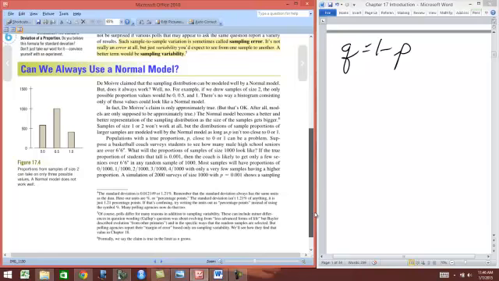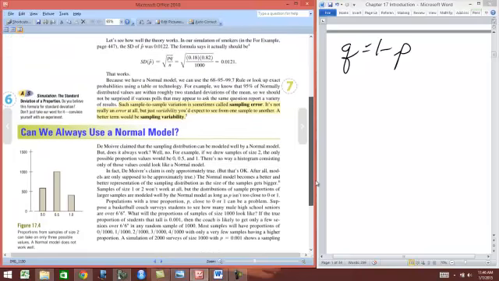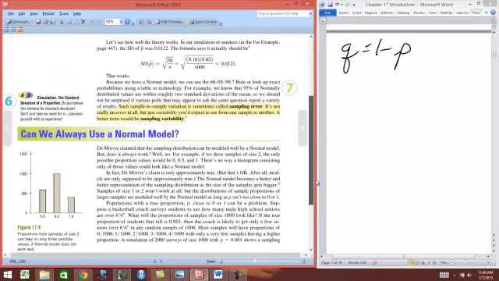Can we always use a normal model? Okay, this is a very interesting discussion here. This mathematician, de Moivre, proved that we can use the normal model with means. Now, what about proportions?